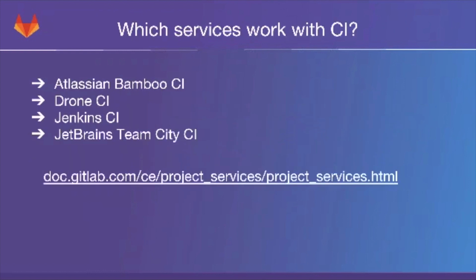Here is a list of example CI systems that GitLab works with and what can be used. You can access these services by going to project services, clicking the specific service and integrating that service following the documentation on doc.gitlab.com.